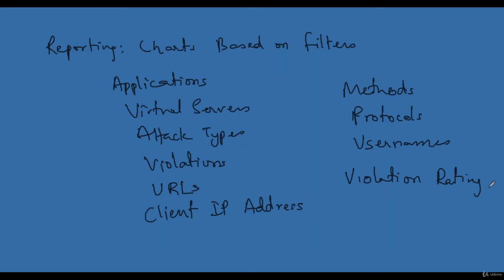So ASM provides several predefined filters that can produce charts focused on top security policies, top violations, or top attacks which are happening in your environment. And then you also have the option of scheduling the charts, which is called the charts scheduler.